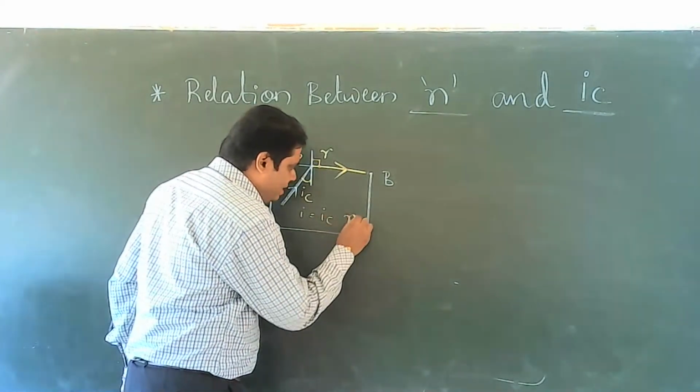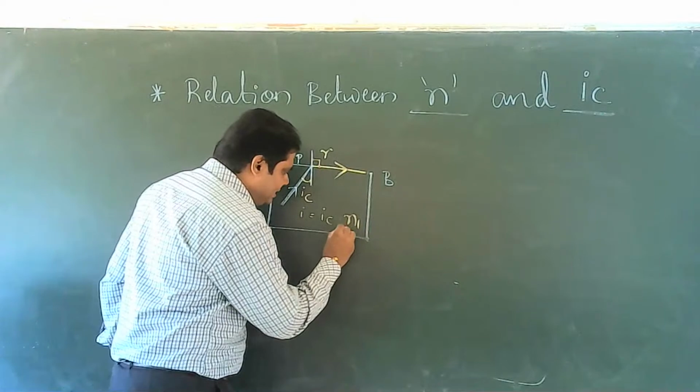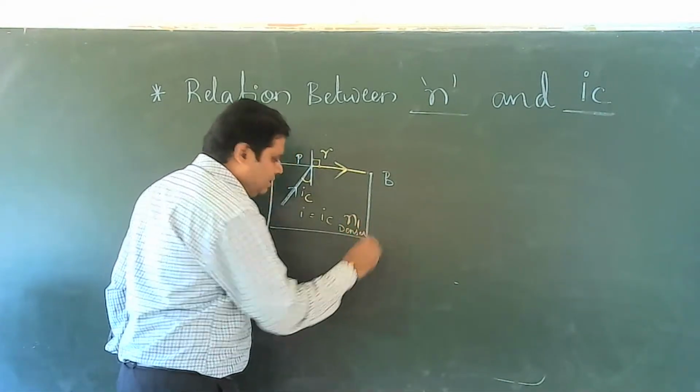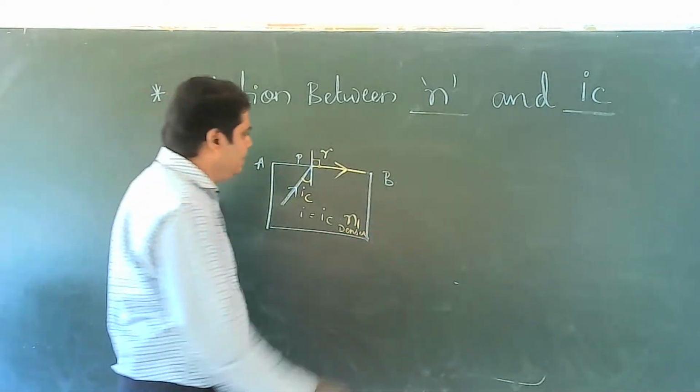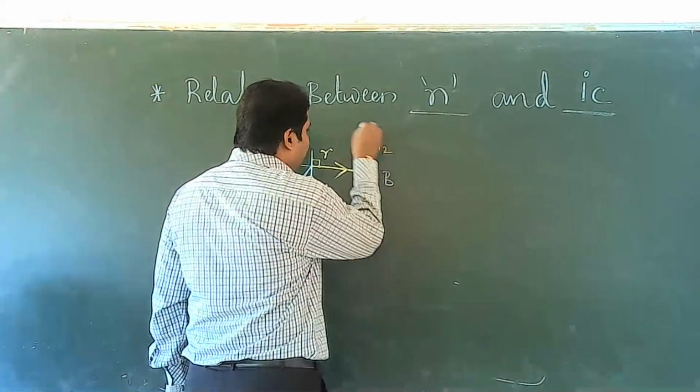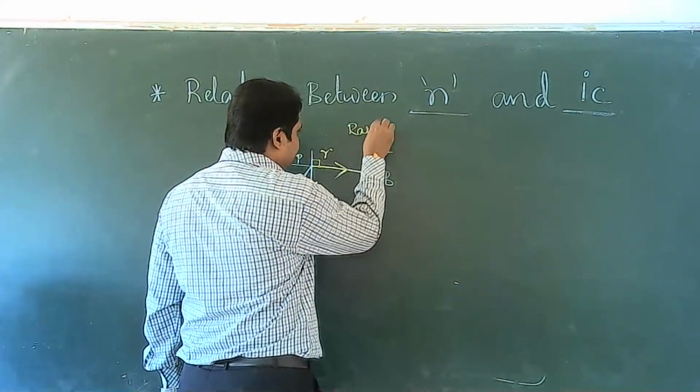This is denser, let this be N1. N1 is denser: glass, water, whatever it may be. Let this be N2, which is rarer.